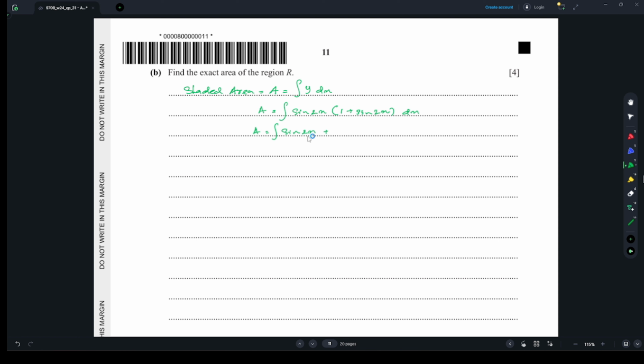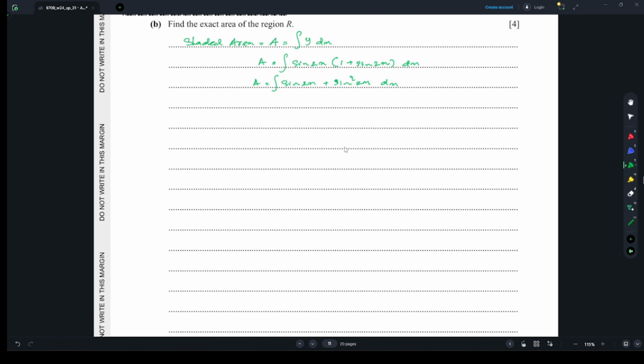So we can multiply them: sine 2x plus sine square 2x. Okay, so now we have a problem because we don't know the integration of sine square. So we have to remove the power.